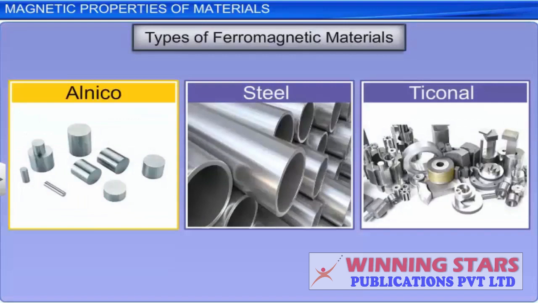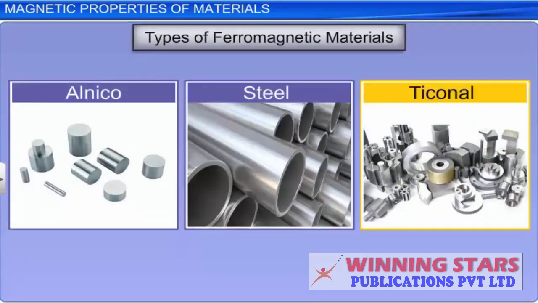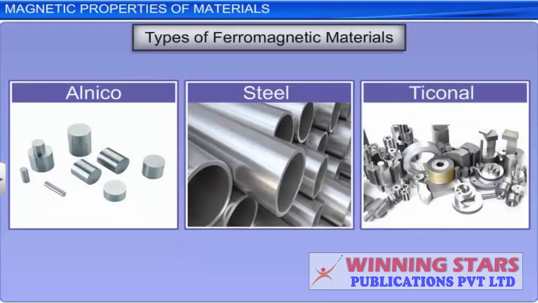Alnico, steel, etc. are examples of hard ferromagnetic materials. These materials are used to prepare permanent magnets.